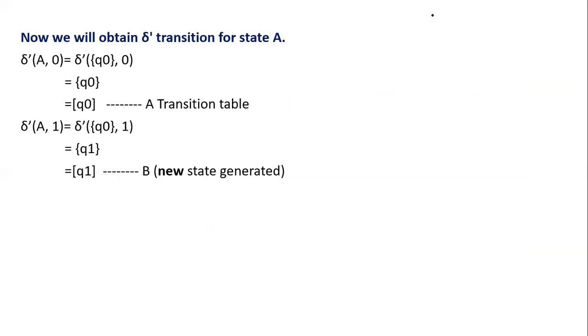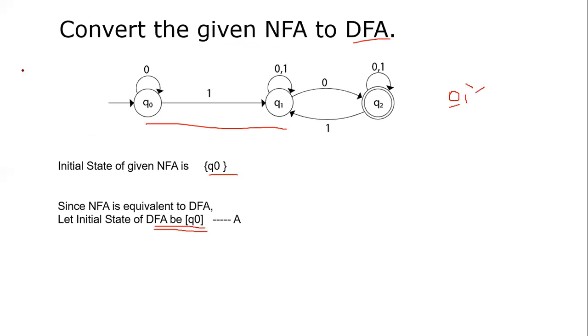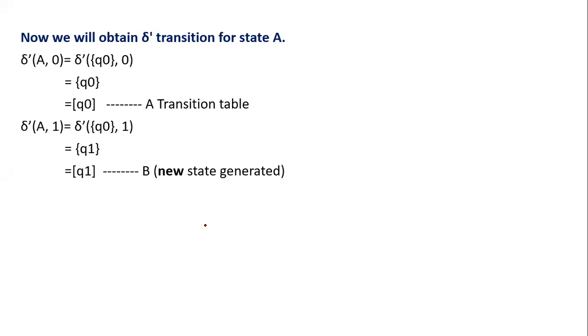Now we'll obtain the transition del dash for state A. A is nothing but Q0. I have to calculate the transition for all the input symbols. Here we have only two symbols, 0 and 1. So I have to write del dash of A comma 0. This A is nothing but Q0, so del dash of Q0 comma 0.